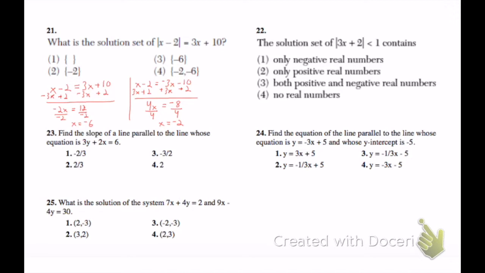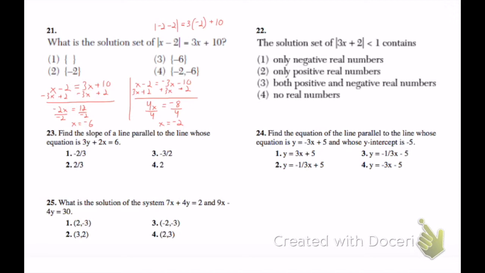All right, so let's do the negative 2 first. I'll do it up here. If I have absolute value negative 2 minus 2, does that equal 3 times negative 2 plus 10? Well, let's think about this. Negative 2 and negative 2 is a negative 4.